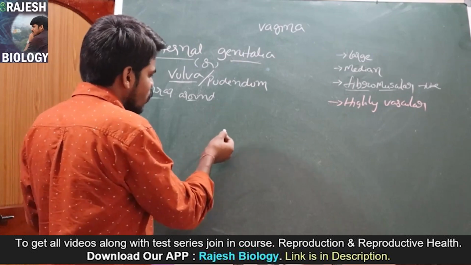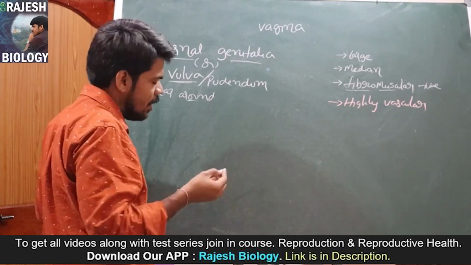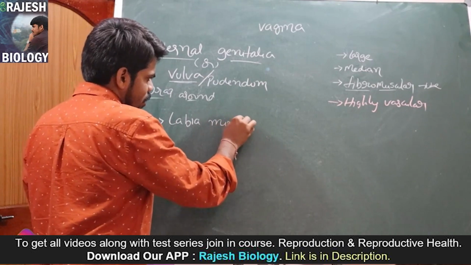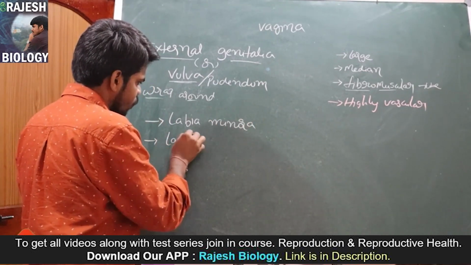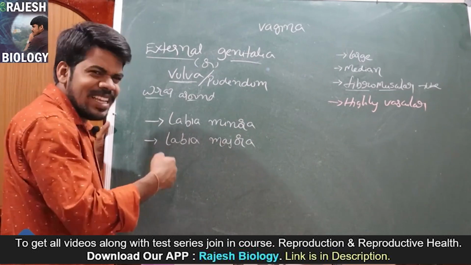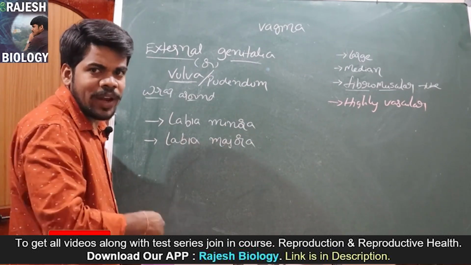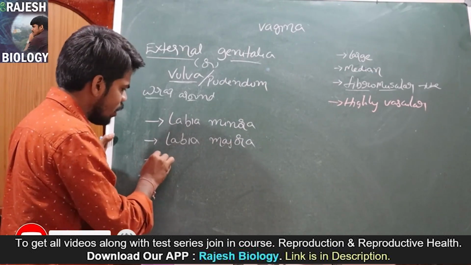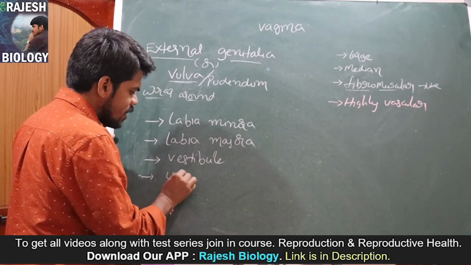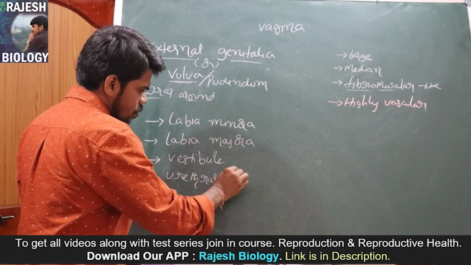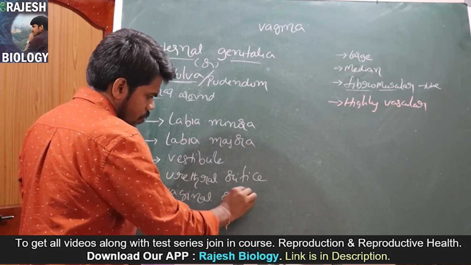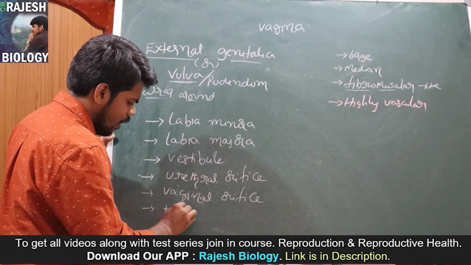First I will discuss the labeling. It has labia minora, labia majora, and vestibule, urethral orifice, vaginal orifice, and hymen layer.